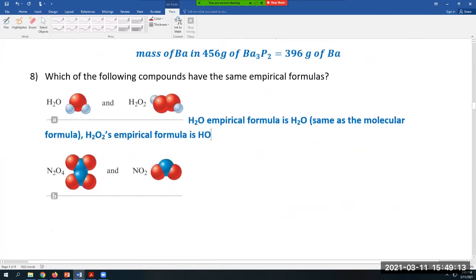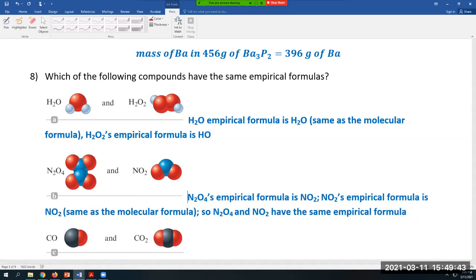We have N2O4 and NO2. So the empirical formula of N2O4. You have subscripts of 2 and 4. You know that they are multiples of 2, so you can divide by 2. If you divide 2 by 2, it's 1, and 4 by 2, it's 2. So the empirical formula of N2O4 is going to be NO2.